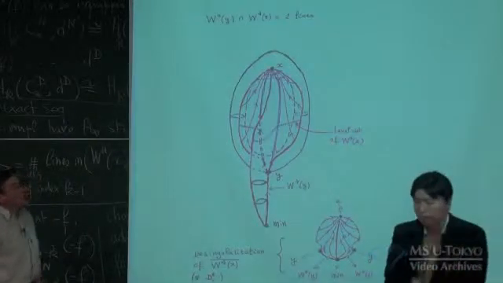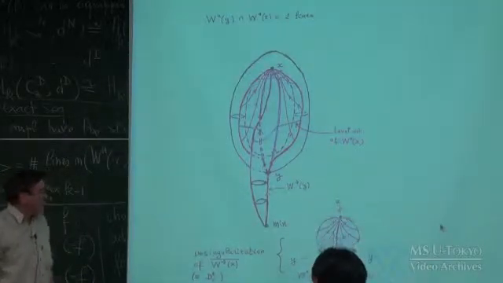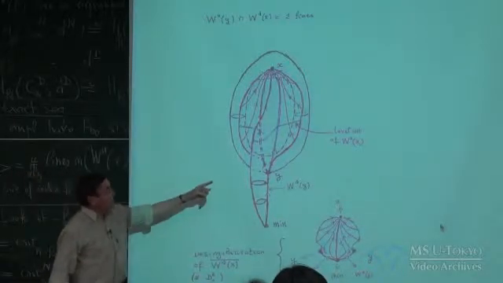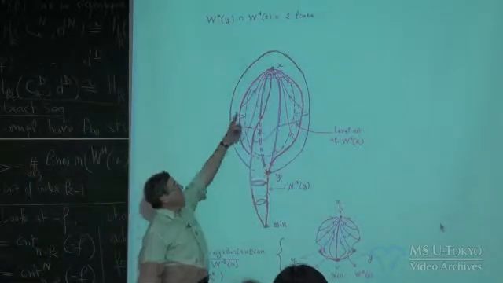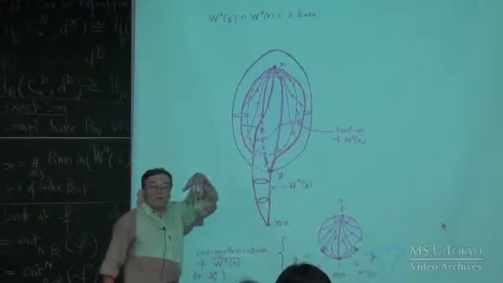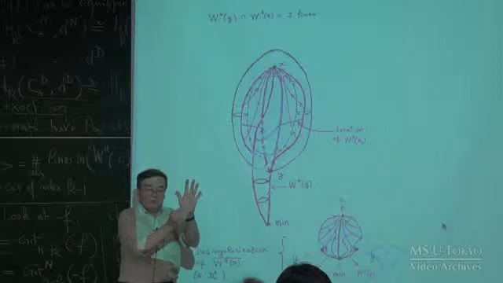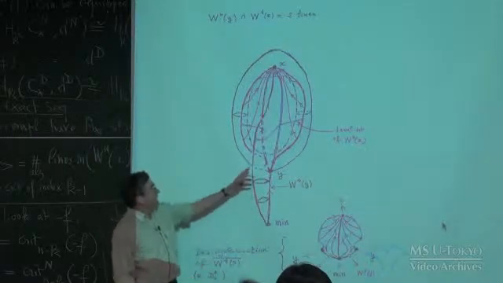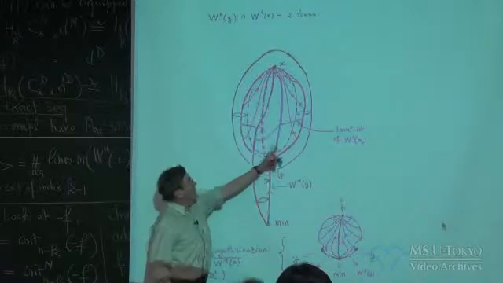It is more complicated. You can create a connecting orbit from Y to X. In the previous pictures, the manifolds were disjoint. Here you have a pair of connecting orbits.